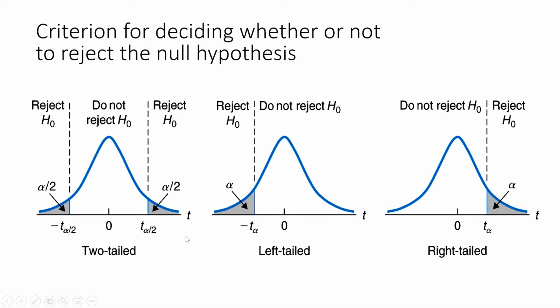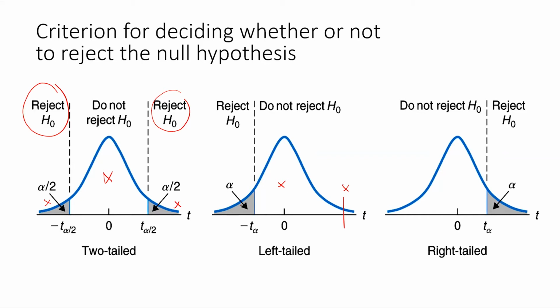So here's that depicted again. For a two-tailed test, if our calculated value falls in this region, we do not reject. If it falls outside, either on the more negative or positive end, we reject our null hypothesis and accept the alternative. If we have a one-tailed test, either left or right-tailed, and our t-calc falls within this region, even if it's way over here, a very, very extreme positive value, if we're only looking at the left tail, we don't care about that.